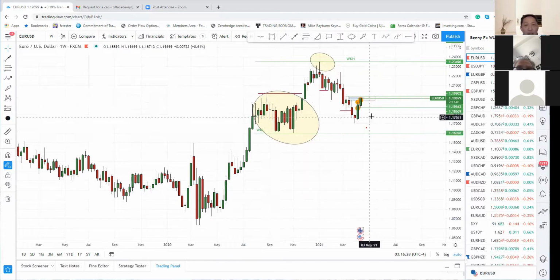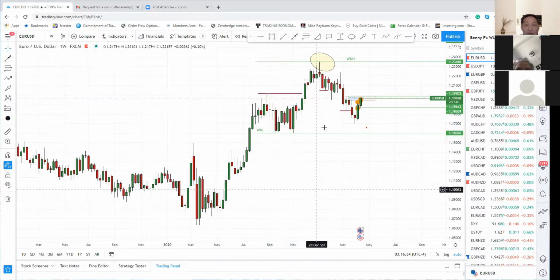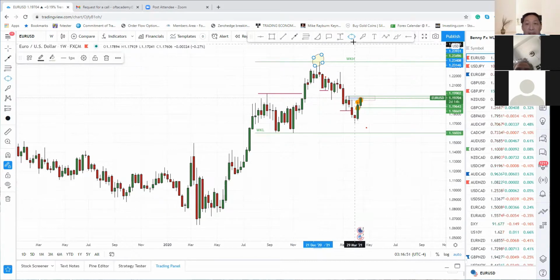And best of all, the price is actually very, very near the weekly demand. Now, if we take a look at the weekly range, where's the weekly range? You can see that this is the swing high that was removed by this high here. So this is the weekly higher high.